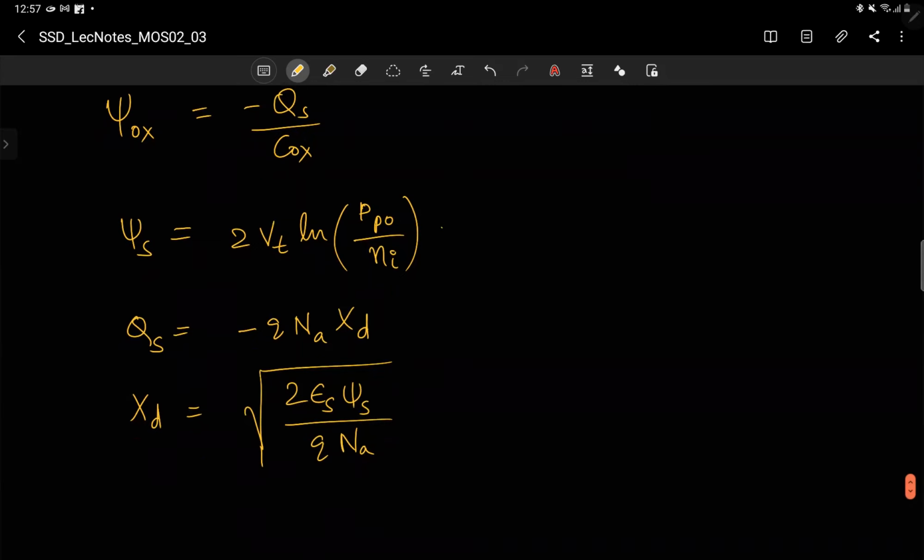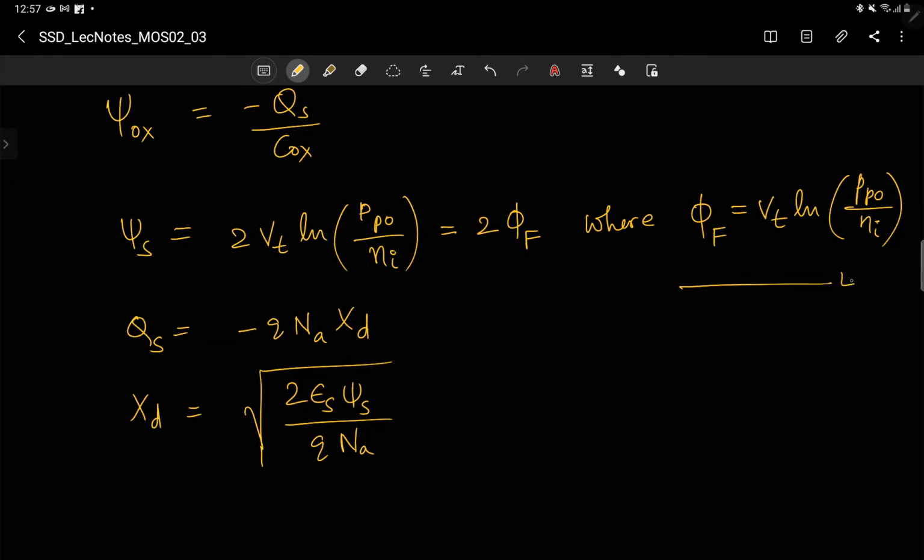And sometimes this is called 2 times phi f. Okay. Where phi f is equal to Vt ln Pp0 by Ni. So what is this phi f? Why it is called phi with a subscript f? This f stands for Fermi level actually. So if you have EC like this and EV like this, and this is EI, and if p-type semiconductor means EF.